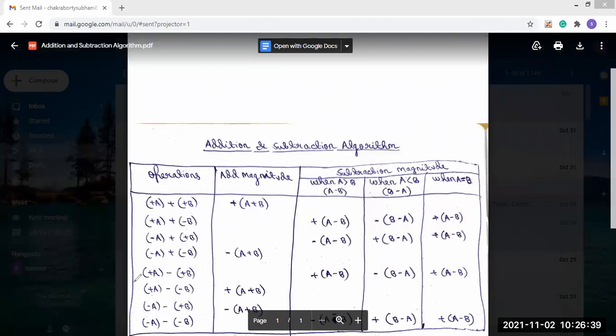So in total how many conditions are present? 8 conditions are present.